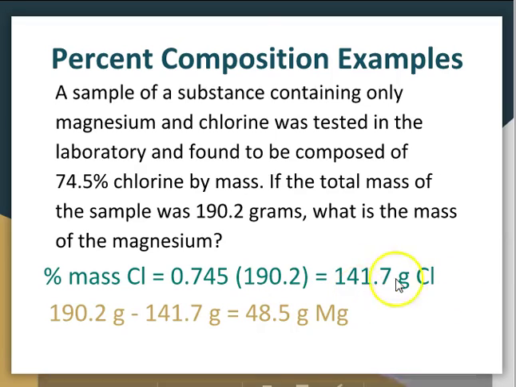So then if 141.7 grams of the sample is chlorine, the rest of it has to be magnesium, right? And so you can just subtract the mass of the chlorine from the total to get the mass of the magnesium. You could do this in a different way. You could say that roughly 25%, what would it be, 24.5%, of the sample is magnesium, and then 0.245 times the total would give you 48.5 as well.